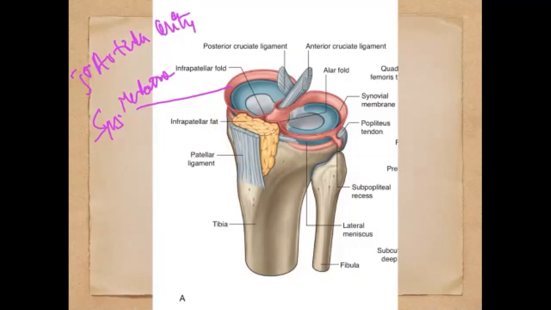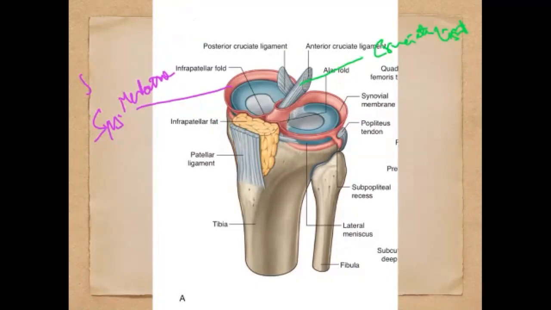What you have to observe is synovial membrane does not include the cruciate ligaments. Okay, that is very important, because though cruciate ligaments are intracapsular, they are not intra-articular.